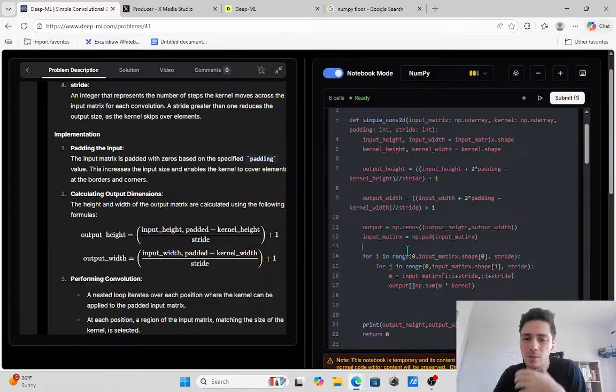Do I need a count? There's definitely a lot easier way to do this. But we're starting with the most simple, I mean, most logically simple.